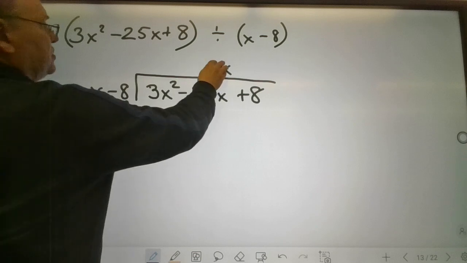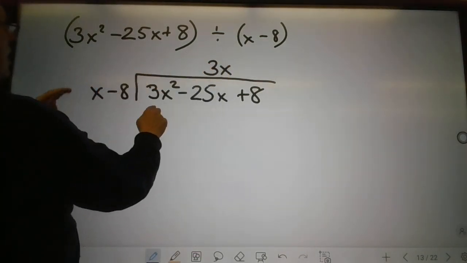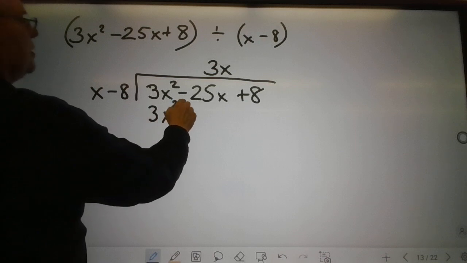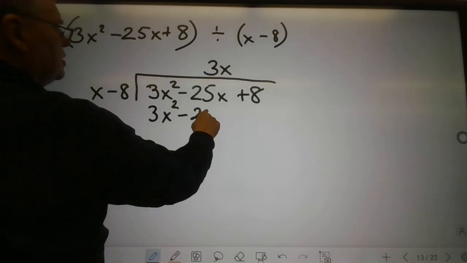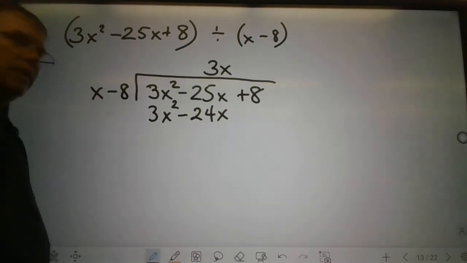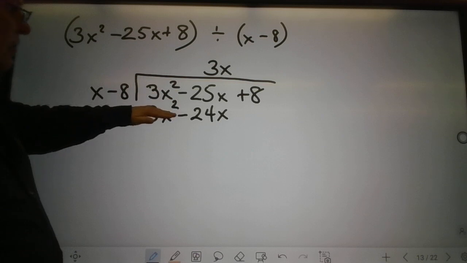So now we take this times this. So a 3x times an x gives me a 3x squared. And a 3x times a -8 gives me a -24x. And then in long division, you take this and you subtract this.